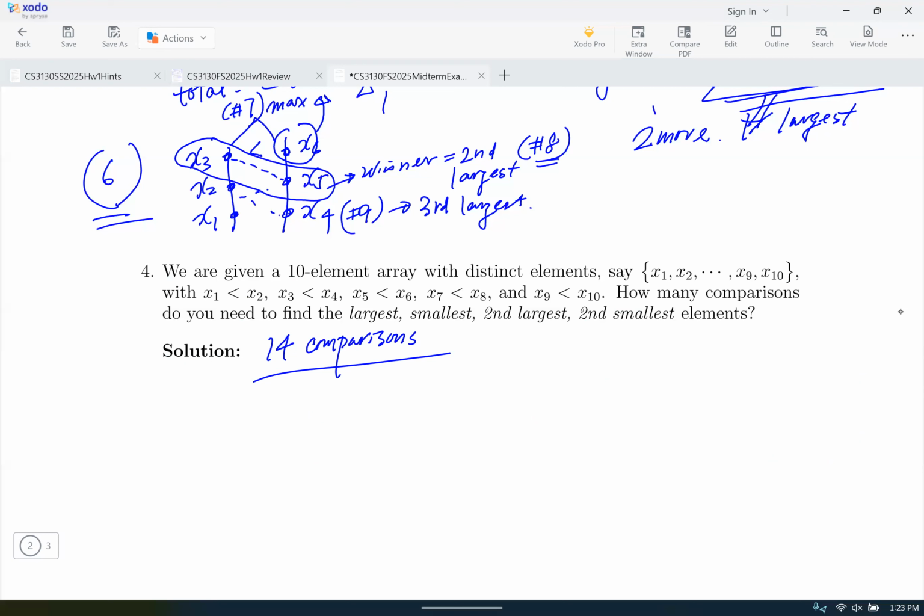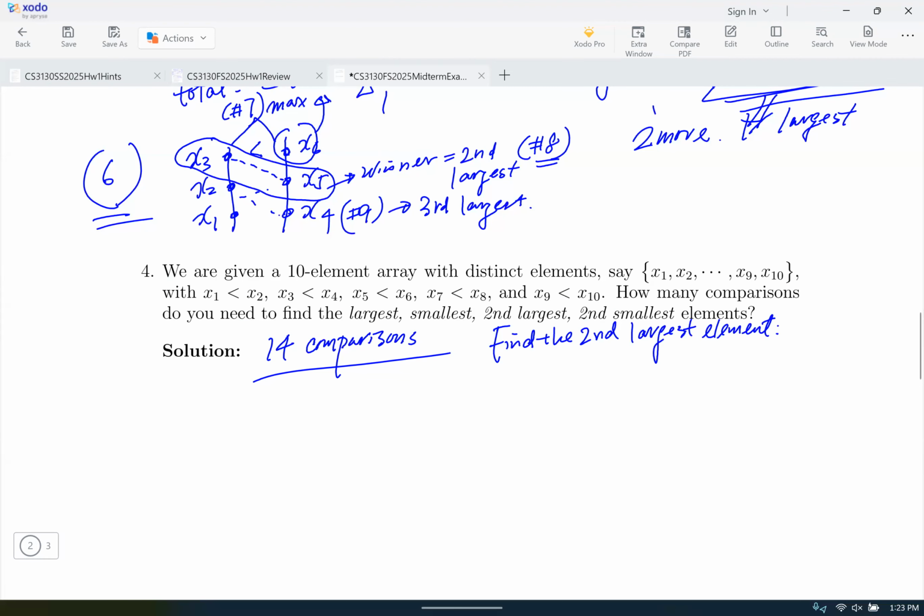So the only change is you need to apply the formula to find the second largest element. I saw several students write that formula.